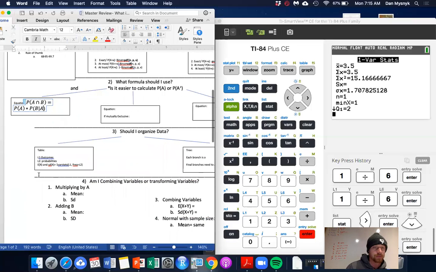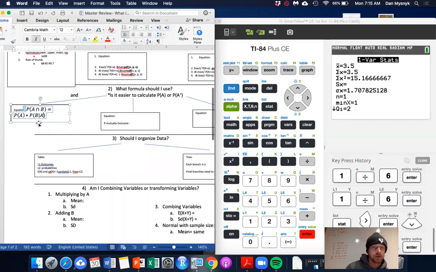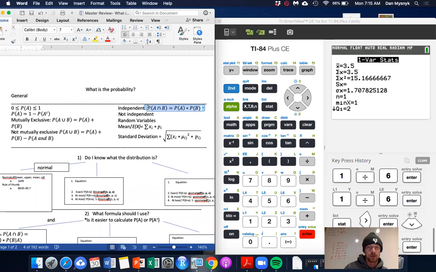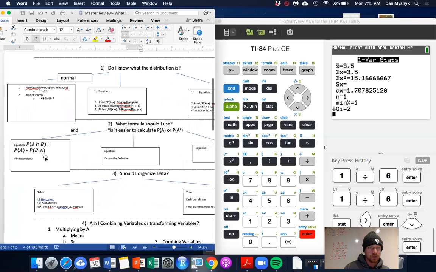Probability of A and B is probability of A times probability of B given A, if I know A happened. If they're independent, it simply becomes this.